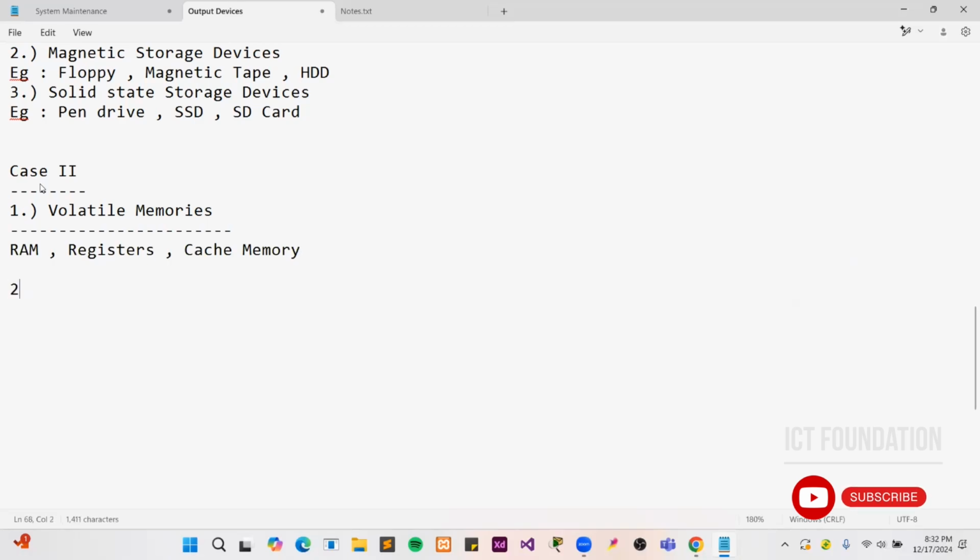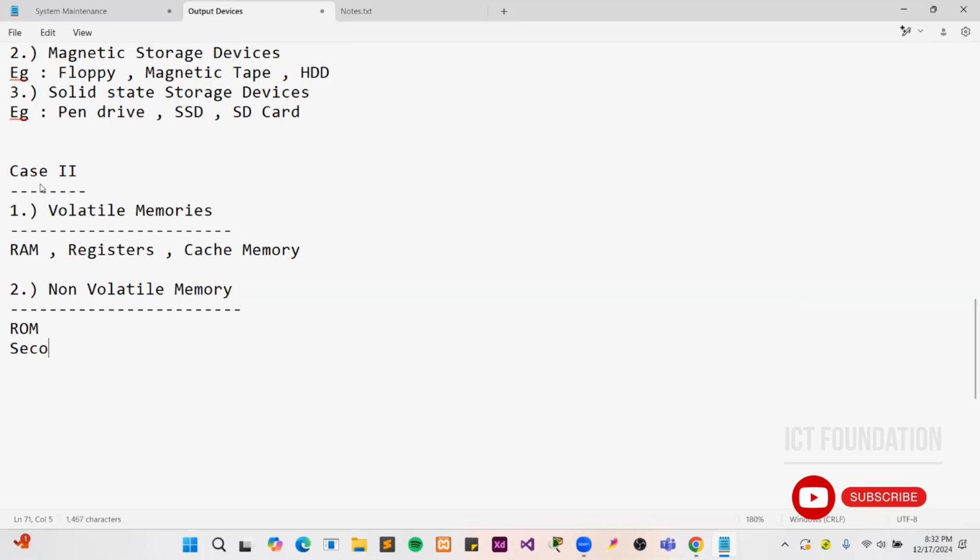The second type in case 2 is non-volatile memory. Non-volatile memories are permanent memories. The data within non-volatile memory will be stored permanently. An example of non-volatile memory is ROM, read-only memory.